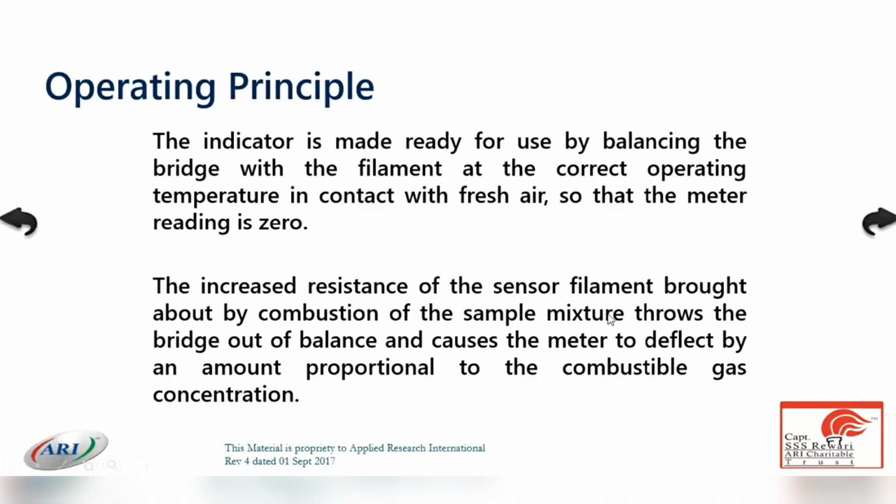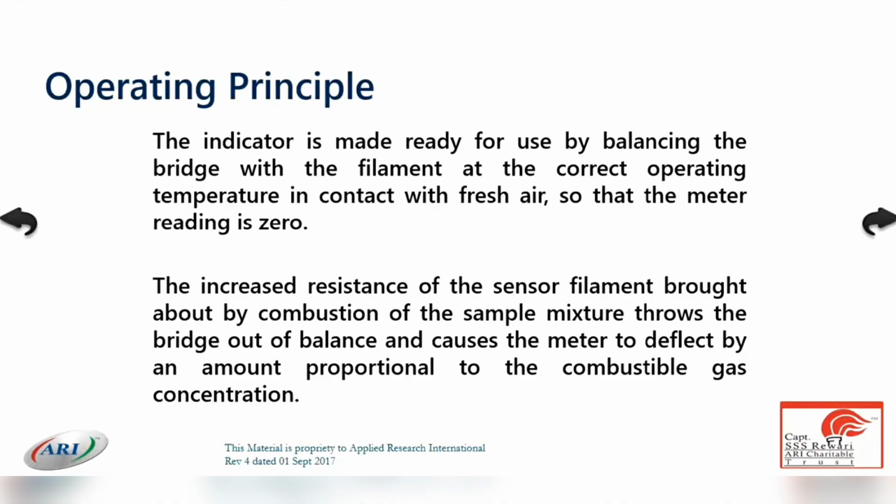Increased resistance of the sensor filament, caused by combustion of the sample mixture, throws the bridge out of balance again and causes the meter to deflect by an amount proportional to the combustible gas concentration. The gas sample, which has a high percentage of oxygen, is introduced. When it comes in contact with this heated filament, the gas gets oxidized, the filament becomes hotter, and its resistance increases.